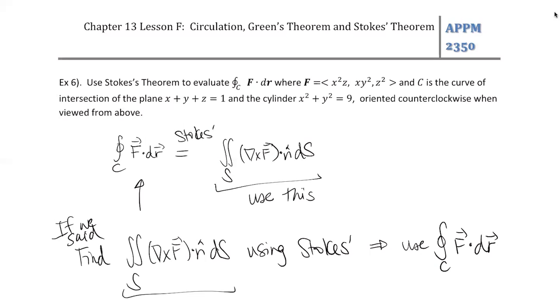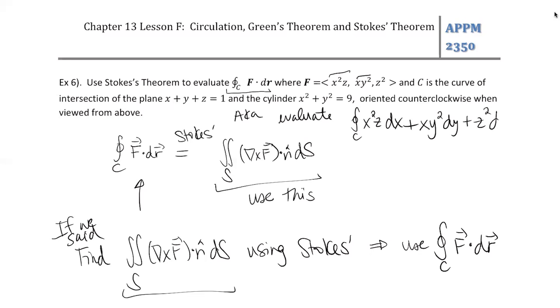The other piece that I wanted you to realize is instead of writing it this way, we could have said evaluate, and I'm going to write this in one of the other forms. The other form we have is we take the i component, x squared z, and we multiply by dx plus the j component, x squared y dy plus the k component dz.